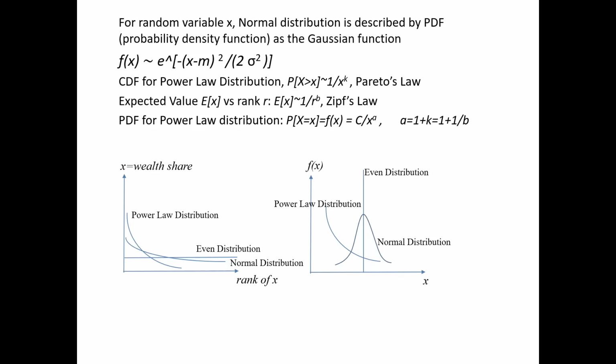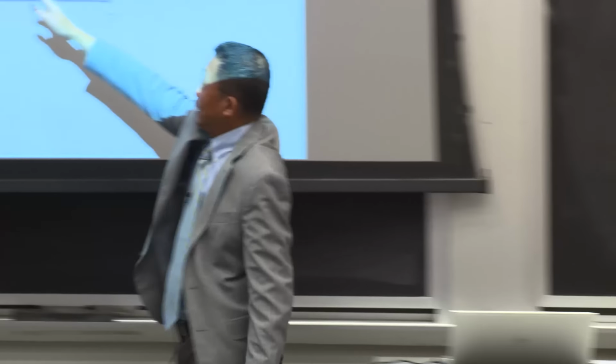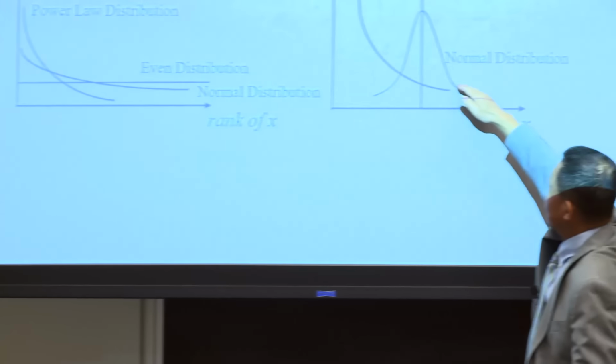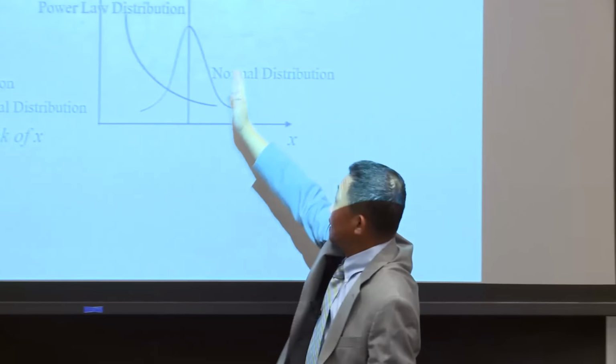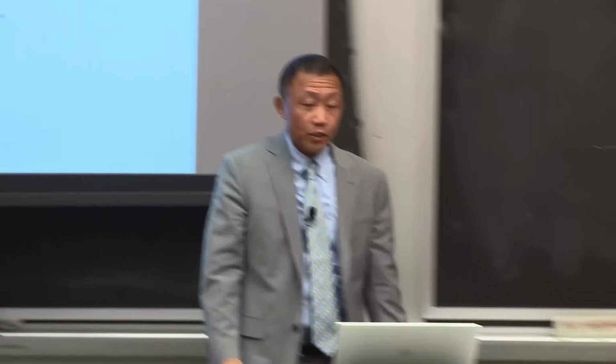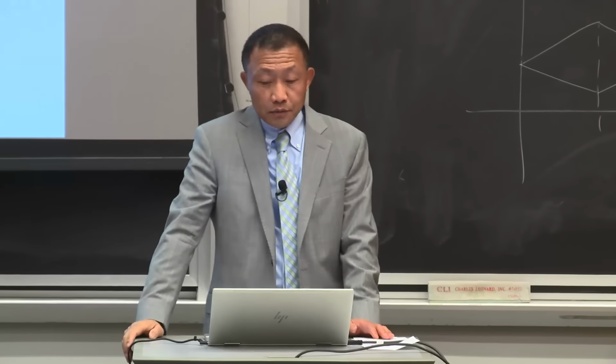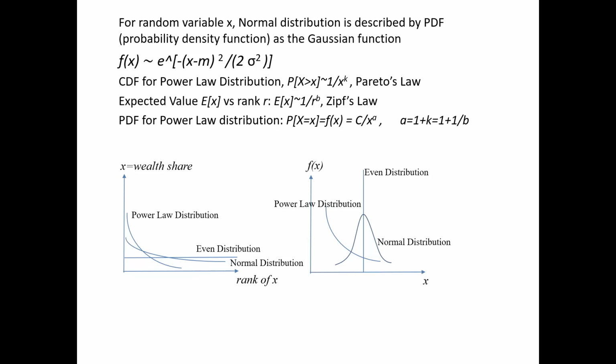But they're all related. When we normally look at the power law in probability density function, it behaves like this versus the normal distribution. The even distribution, of course, is a delta function. The parameters of these three different ways of representing power law are all linked by that formula.